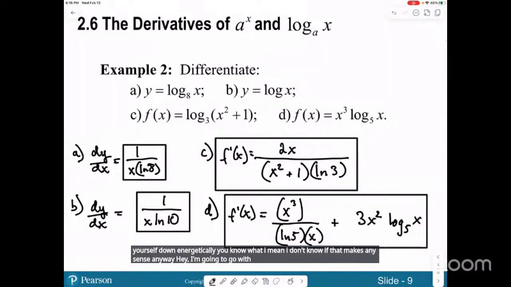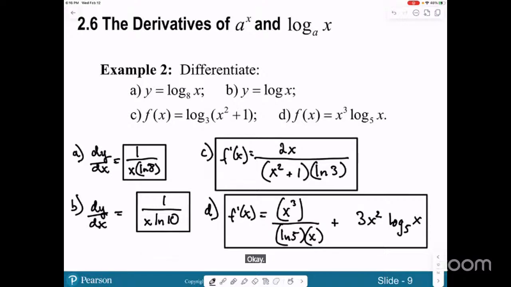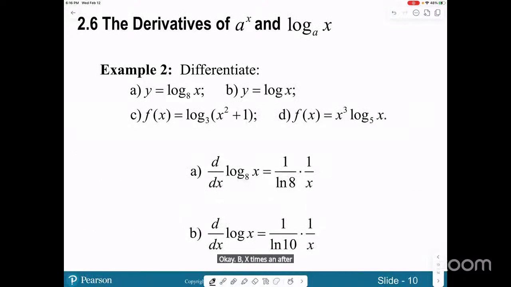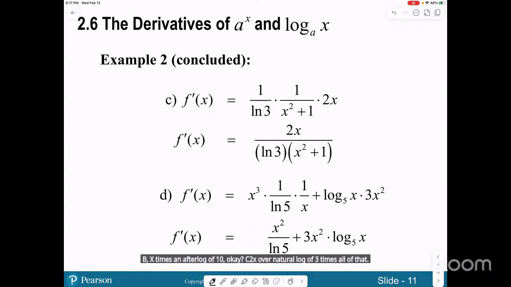Anyway, hey, I'm going to go with these. So let's see how the textbook did these. Let's see what results they got. Okay, I think we got that for A, natural log of 8. Okay, B, x times the natural log of 10. Okay, C, 2x over natural log of 3 times all of that. 2x natural log. Okay, that's fine.